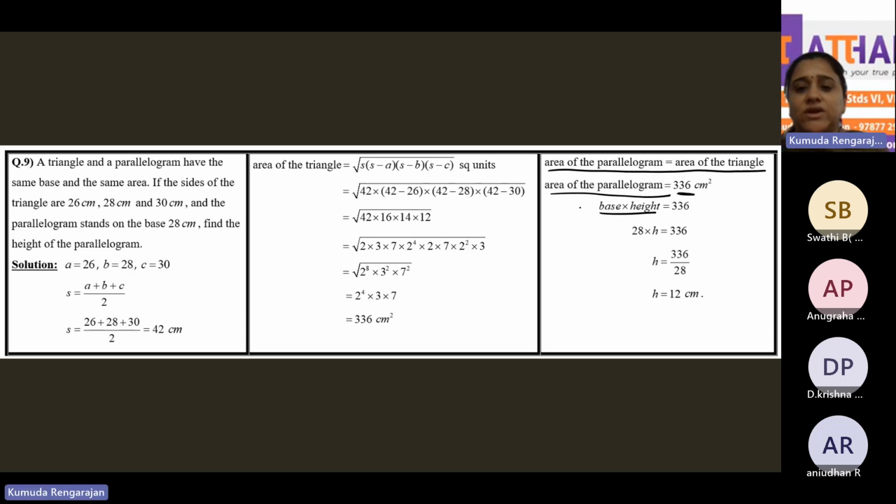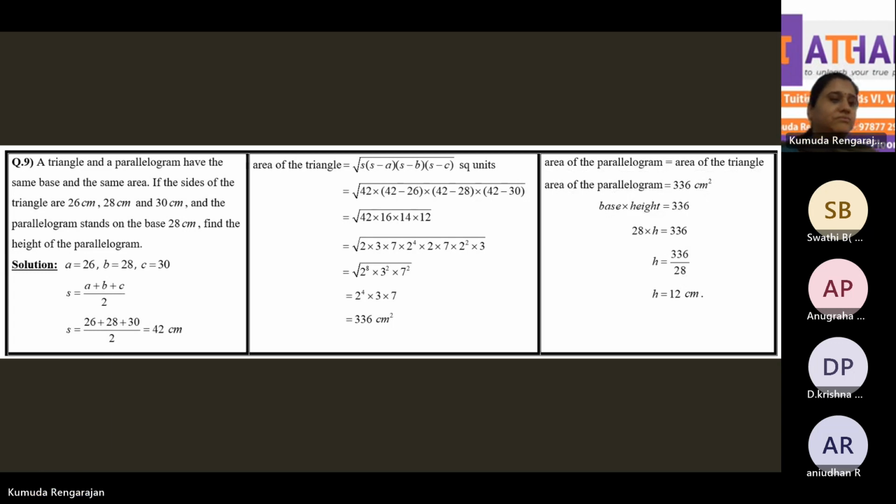Okay, so first you write area of the parallelogram is equal to 336. Then below that, base into height is equal to 336. Now, what is the base of the parallelogram? Given as 28. It's given there. Into h is equal to 336. So h is equal to 336 divided by 28, which is 12. So the height of the parallelogram is 12 centimeters.